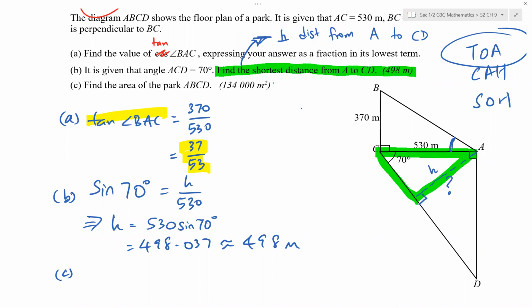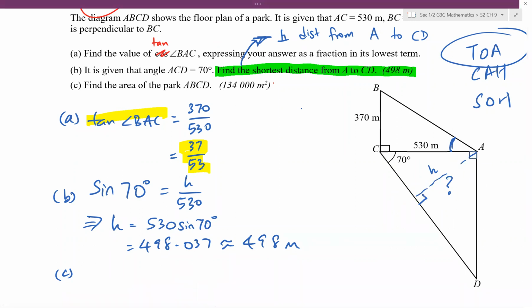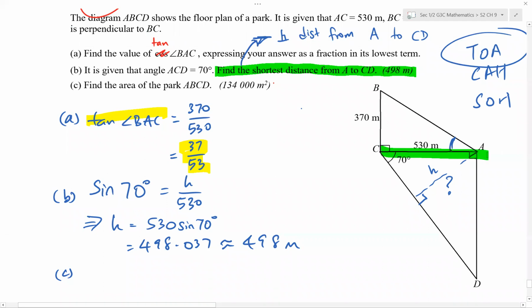So which is going to be easiest for you? Knowing that we currently have 530 for the distance AC. So in order to find the area of a triangle, naturally we want to find AD because that will be the perpendicular height with respect to AC as the base.